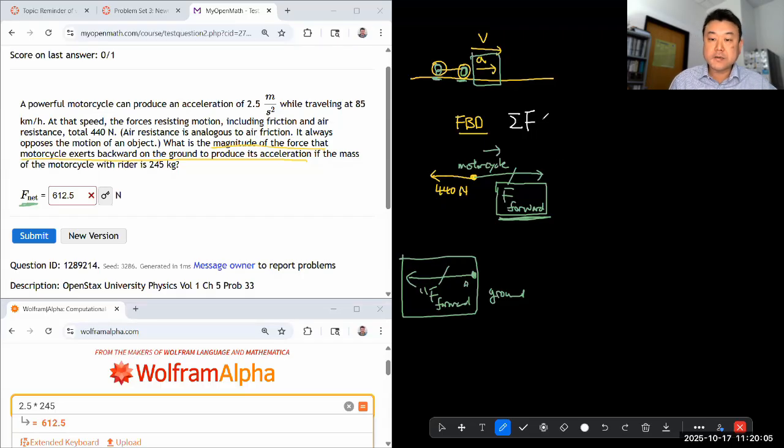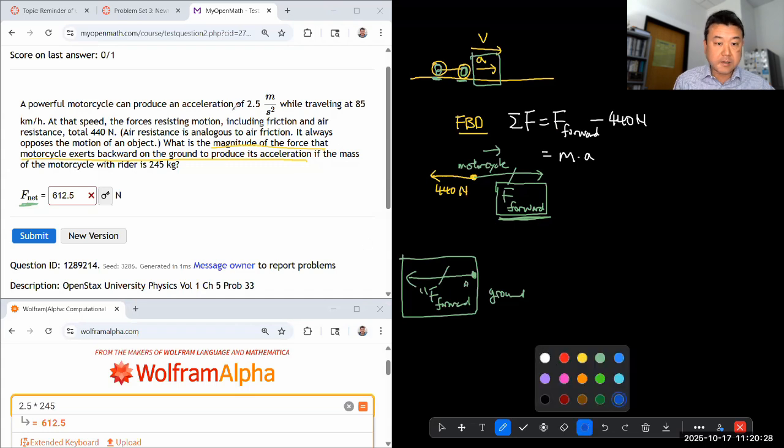Net force is equal to the forward force, which is what I actually want, minus all the frictional forces, the 440 Newton. And that should be, through Newton's second law, equal to mass times acceleration. I think I am given the acceleration, and I am given the mass.